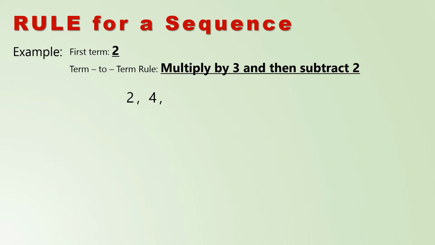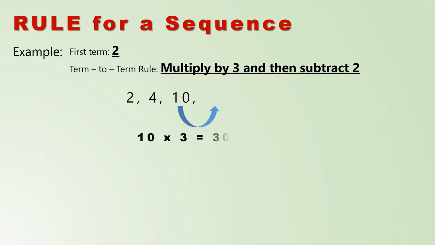Now to get the next term of this sequence after 4, we multiply 4 by 3, we get 12, and then we subtract 2, that is 10, the next term of this sequence.